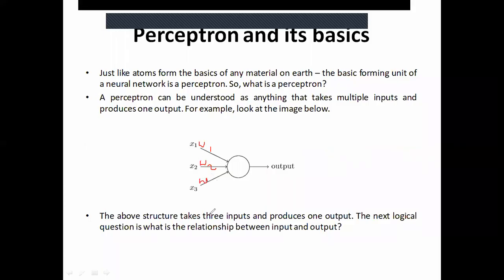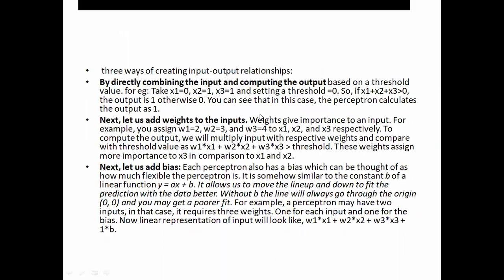Then I take the summation of all three. For output, you need to find w1 x1 plus w2 x2 plus w3 x3. If it is greater than some threshold, suppose the threshold is 0.5, then I say output is 1. Otherwise, if it is lesser than 0.5, the output is 0.